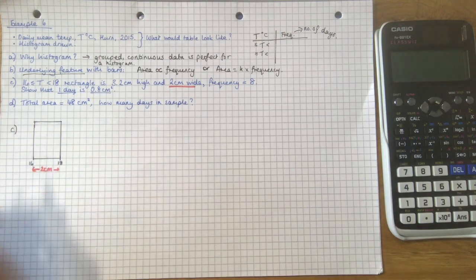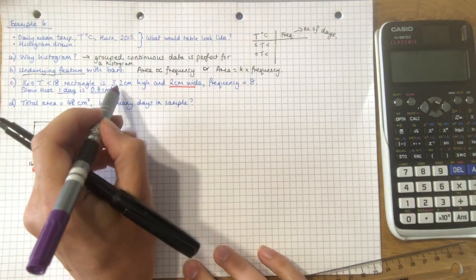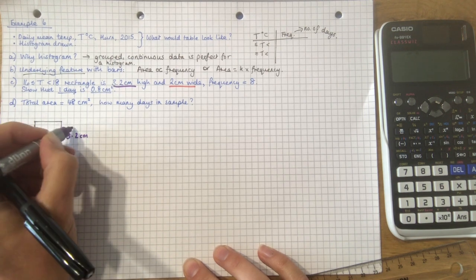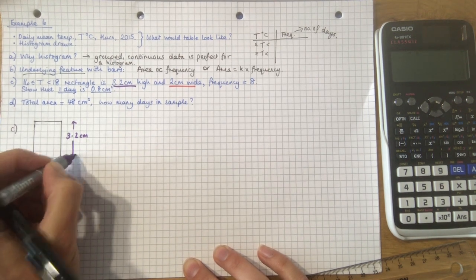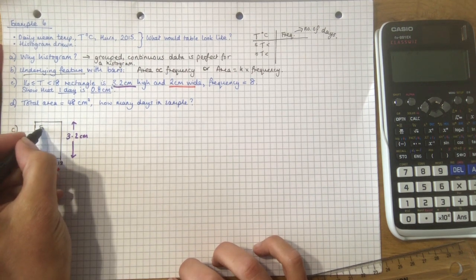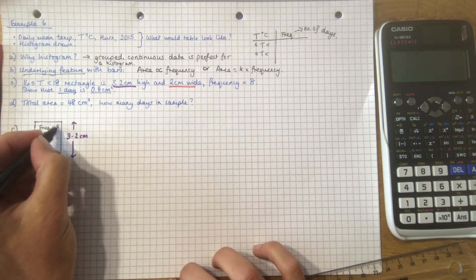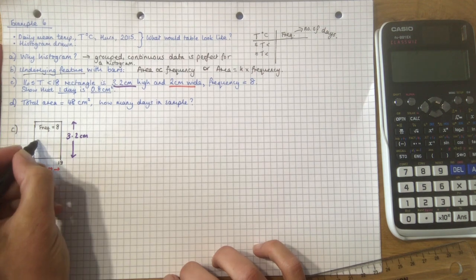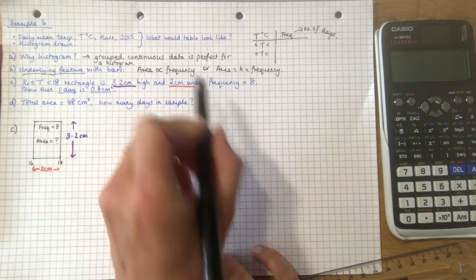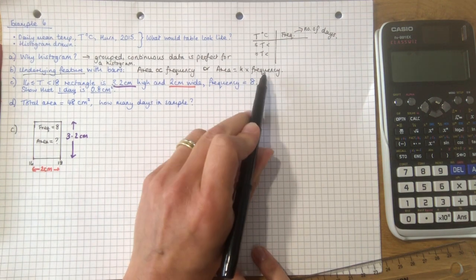Its height is 3.2 centimetres. Now we are told that the frequency of this bar is 8. But what's its area? That's what we need to know, because we know that the area is K times the frequency.